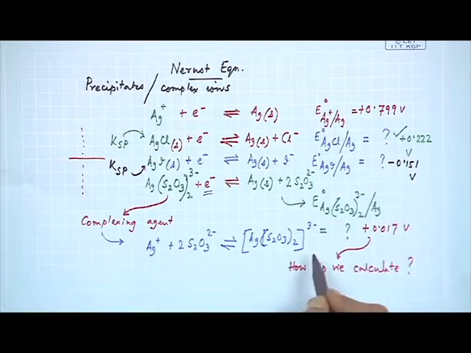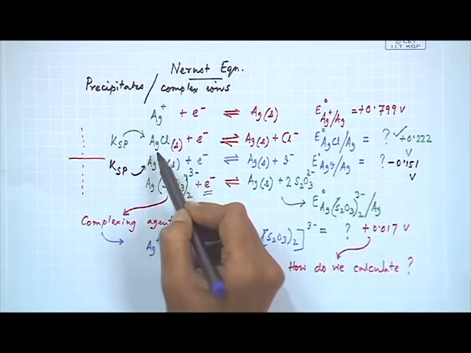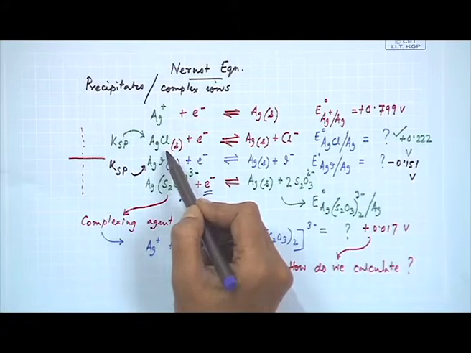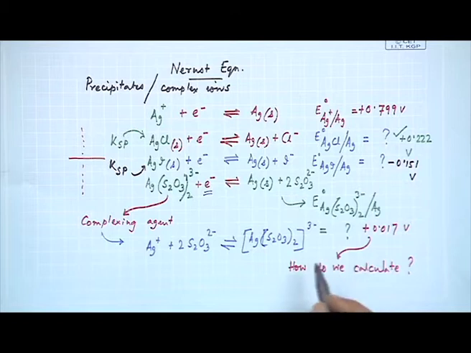So, this is the corresponding complexation reaction from silver ion, because in all these cases we are looking for silver ion, whether it is present as a free silver ion, or with silver chloride, or with silver iodide, or in the complex form. So, this concentration we should know.